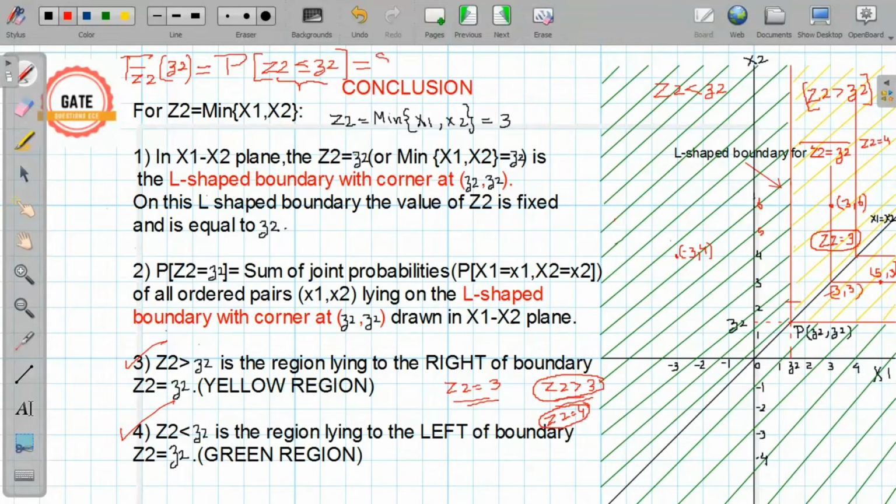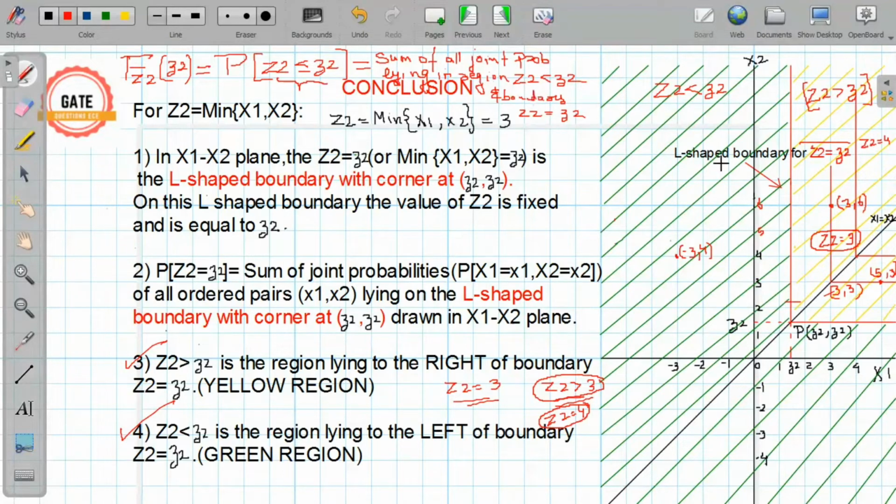So it is the sum of all joint probabilities lying in the region Z2 less than small z2 and on the boundary Z2 is equal to small z2.